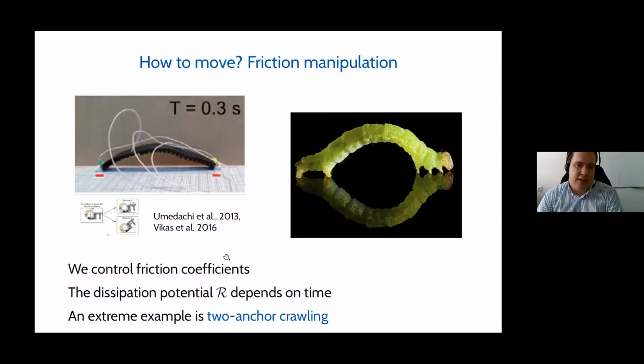And this kind of strategy is called anchor crawling, or inching. It has also been imitated in robots by using several mechanisms for controlling friction.